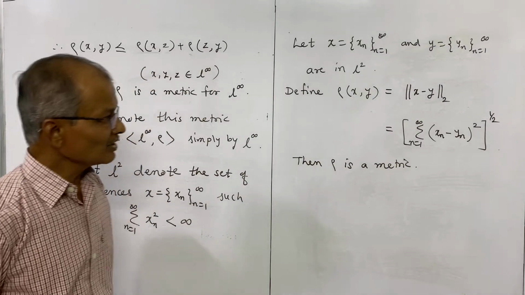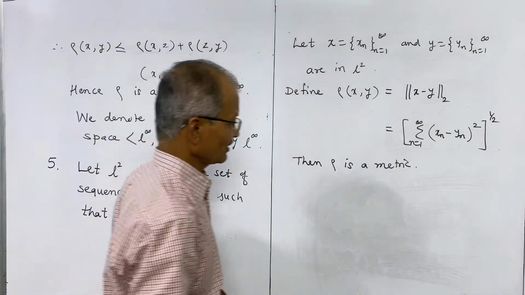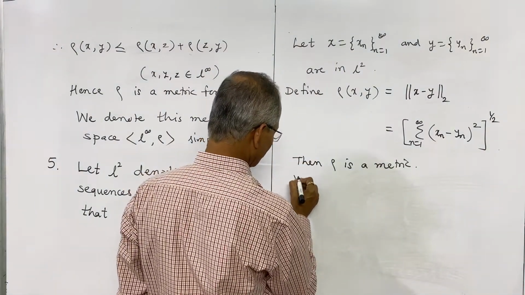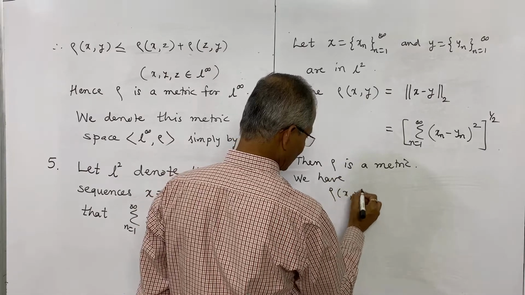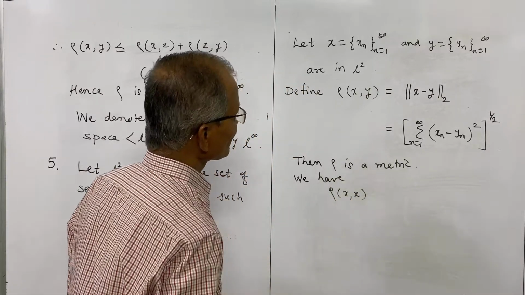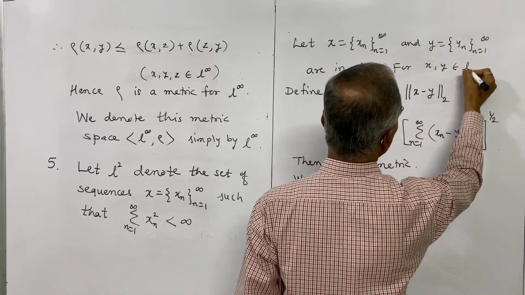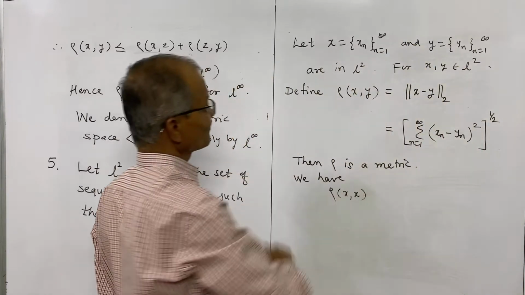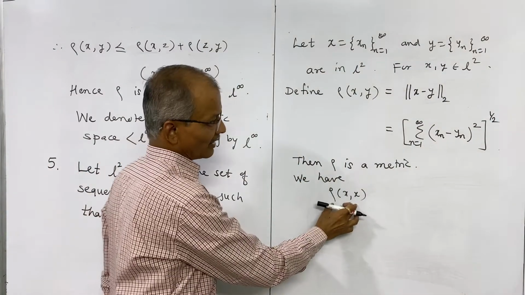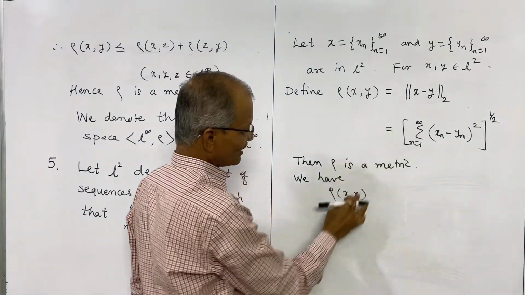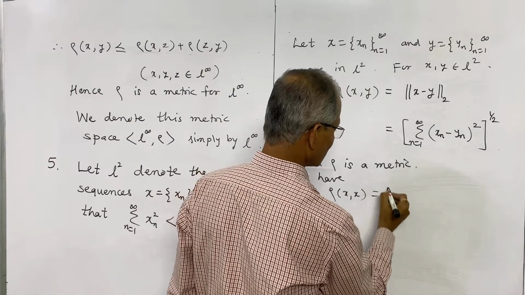Now it is easy to verify the first three properties of a metric. For x, y belonging to L2, defined as above, we have rho of x and x. In place of y, if we write x, then it becomes xn minus xn, and therefore it is 0.